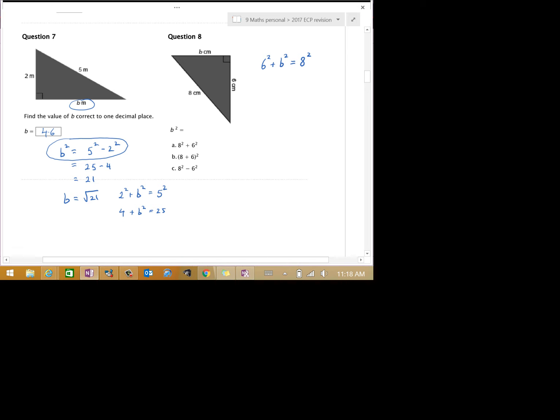So let's work out what they are, or we could just say 6 squared is 36 and 8 squared is 64, but I want to subtract 6 squared from both sides. So what does that leave me with? That's the same as 8 squared subtract 6 squared, which means that the answer is C.